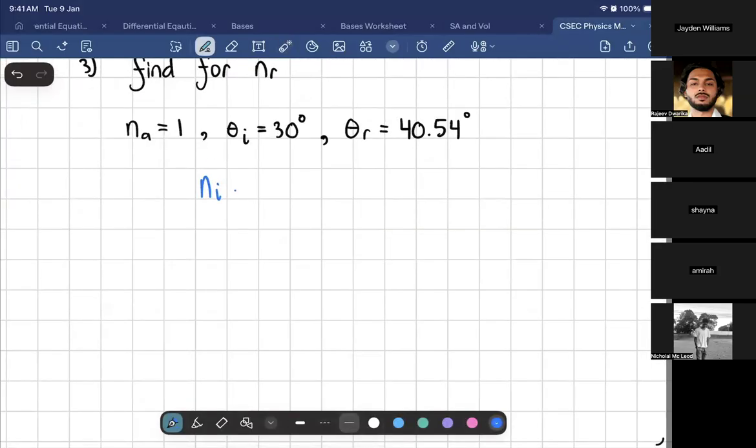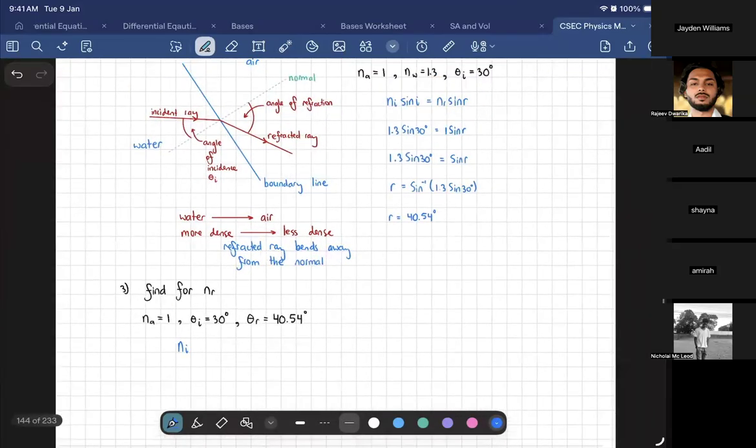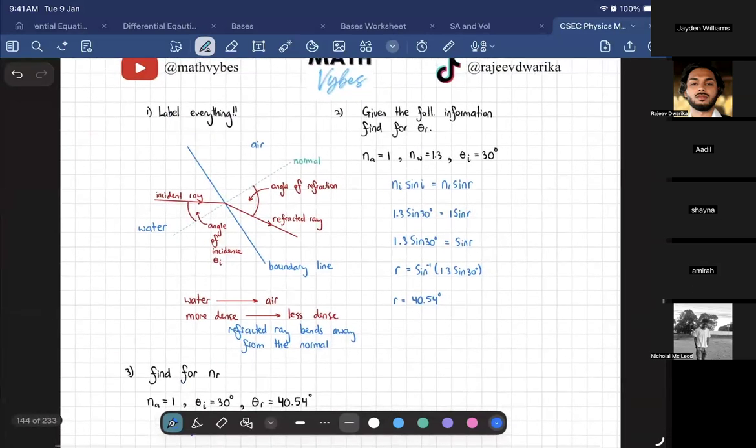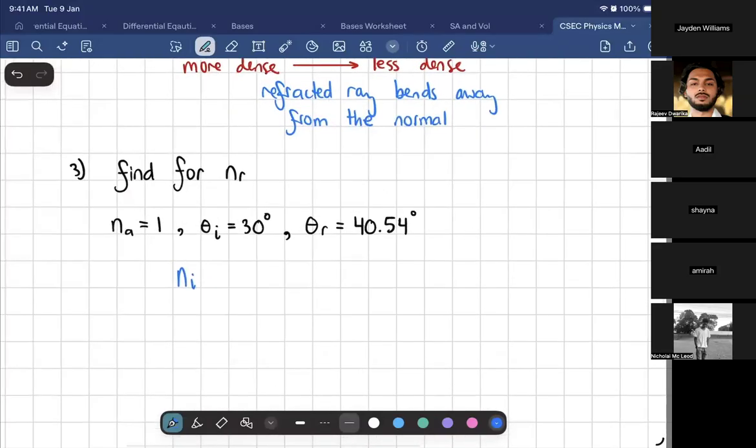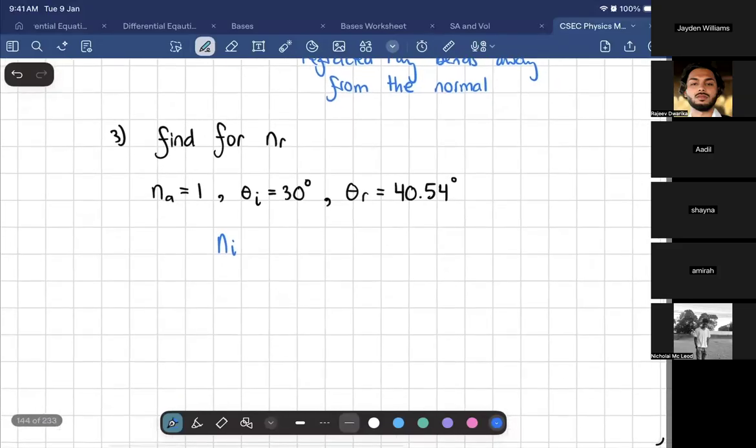Nr equals sin I over sin r. Right. You can only use that formula when you're going from air to something else. But in this example, we're going from where to where? Water to air. Right. You're not going from air to something, you're going from water to air. So the safest formula to always use is Ni sin I is equal to Nr sin R.